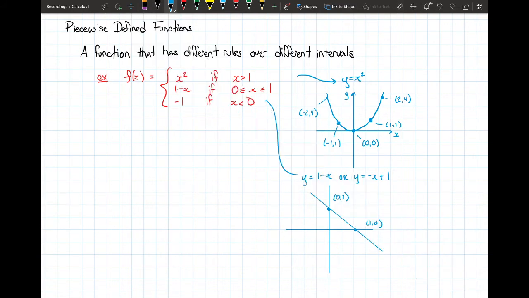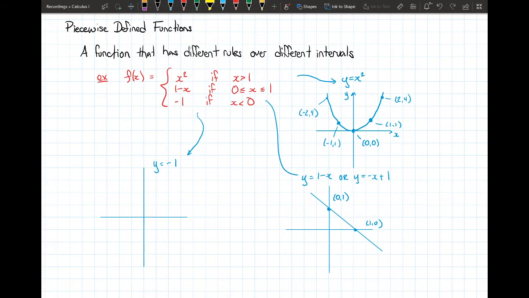Last but not least, we've got our third piece, y equals minus 1, which is deceptively easy. It means that y is always equal to negative 1, regardless of what x is. So maybe a little bit odd looking that there's no x, but that just means that you don't have to worry about what x actually is.